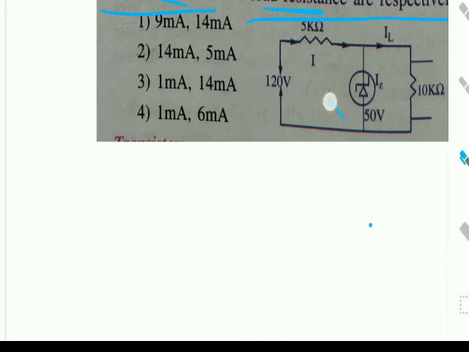Here the diode potential is given as 50, so Vz is equal to Vo, the output, which is 50 volts.